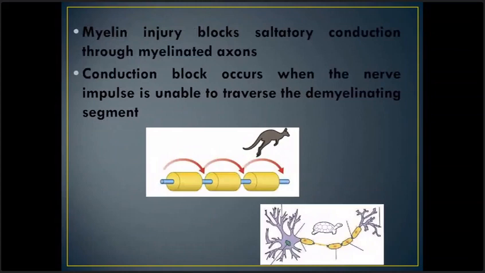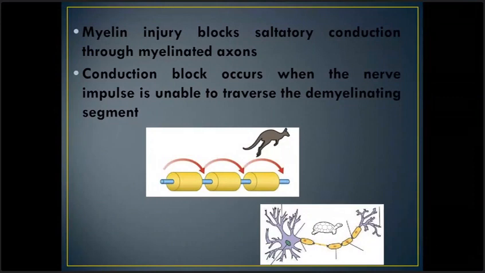With demyelination, there is myelin injury, which blocks the saltatory conduction through myelinated axons. The transmission of the impulse is like in this figure. We liken the transmission of the impulse to the jumping of a kangaroo.